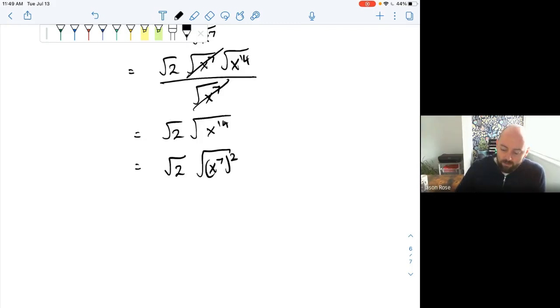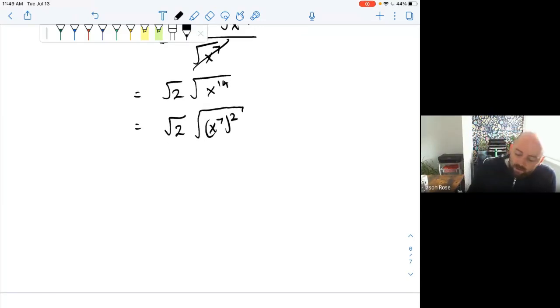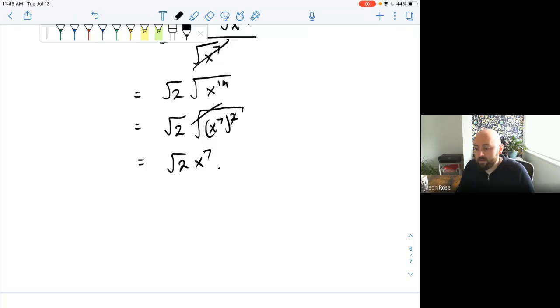Let me just make sure this is written clearly. That square root is extending over everything. Now, the square root and the power of 2 kind of reverse one another. They'll sort of cancel one another. And what I can say then is that this is root 2 times x to the 7. You can kind of think of that square root and the power of 2 cancelling. You square something and then take the square root, you're back to where you started.